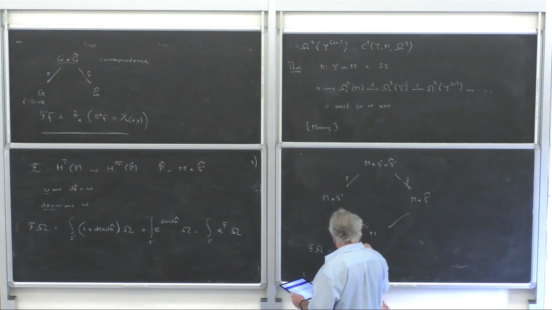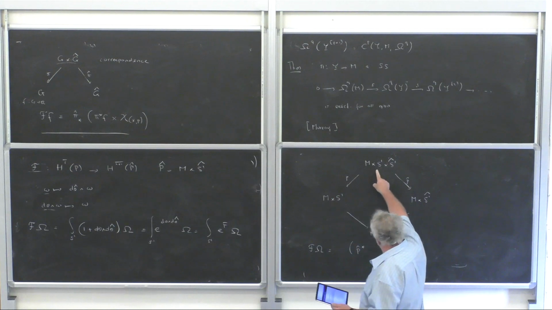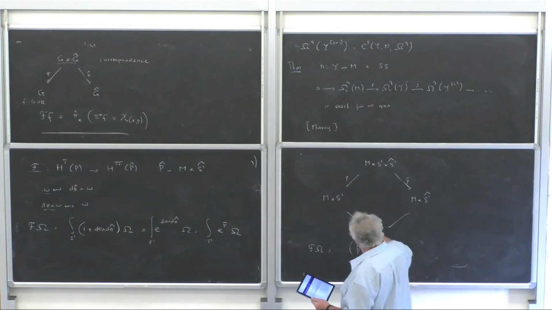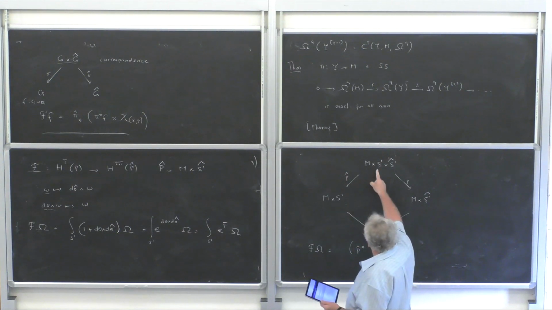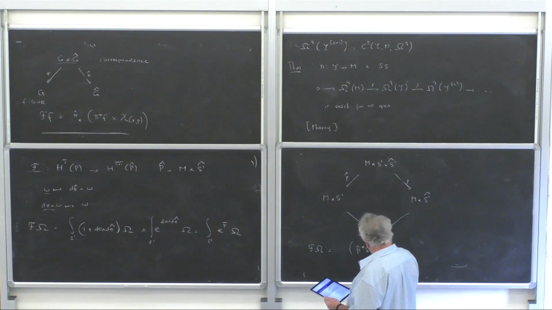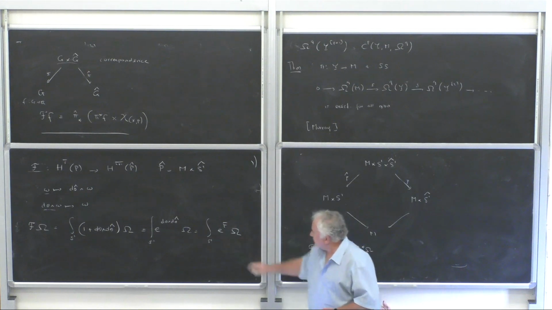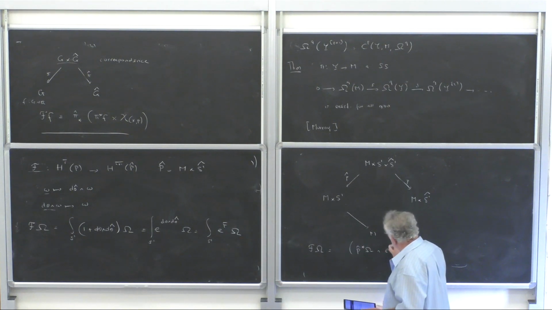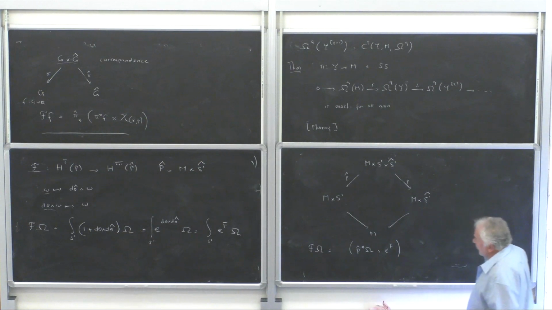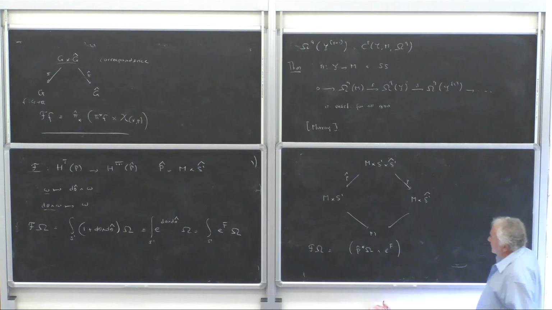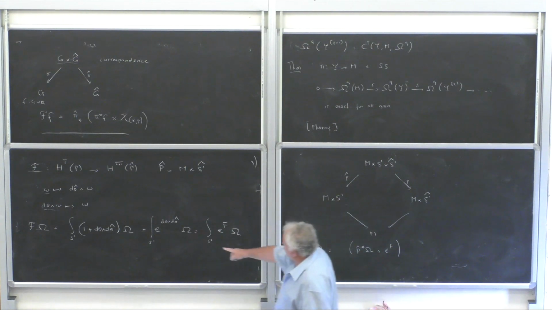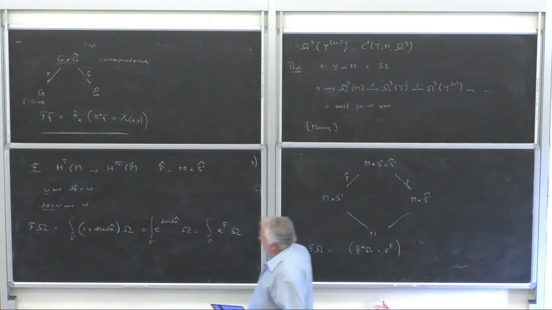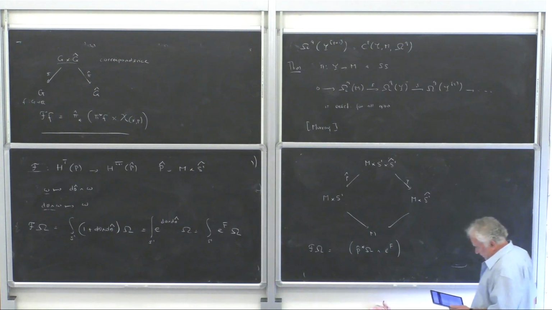I pull back the form over here, omega. I take the wedge product with this particular class, e to the power of the 2-form, but it only has an expansion in terms of the first 2 components for the circle.